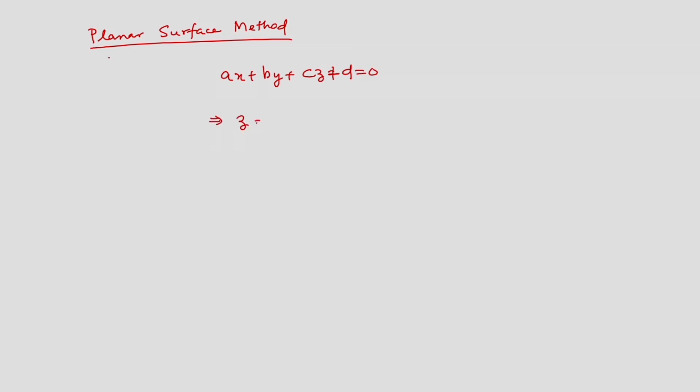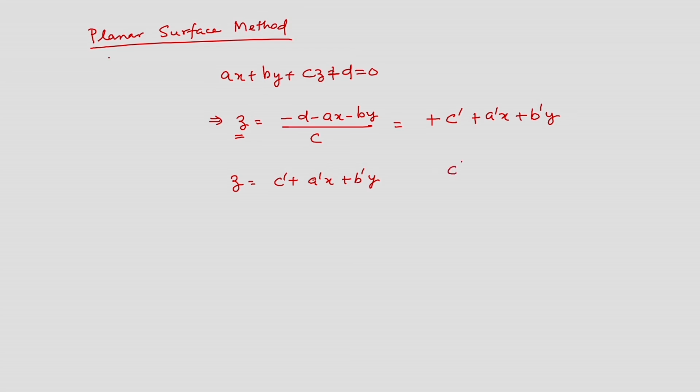So now you can see that z is equal to minus d minus ax minus by upon c, or I can write z is equal to c dash plus a dash x plus b dash y, where c dash is equal to minus d upon c, a dash is equal to minus a upon c, and b dash is equal to minus b upon c here.